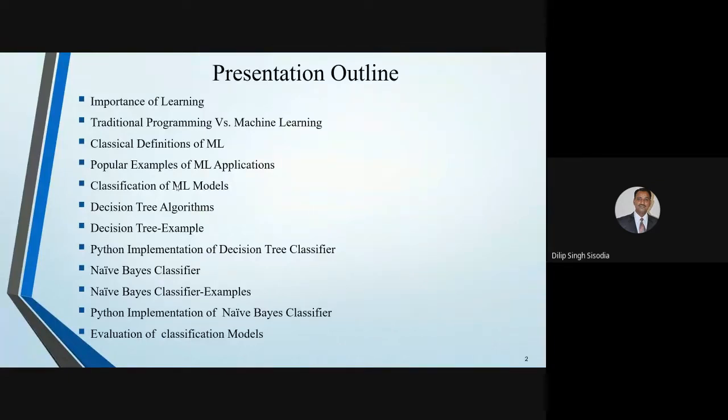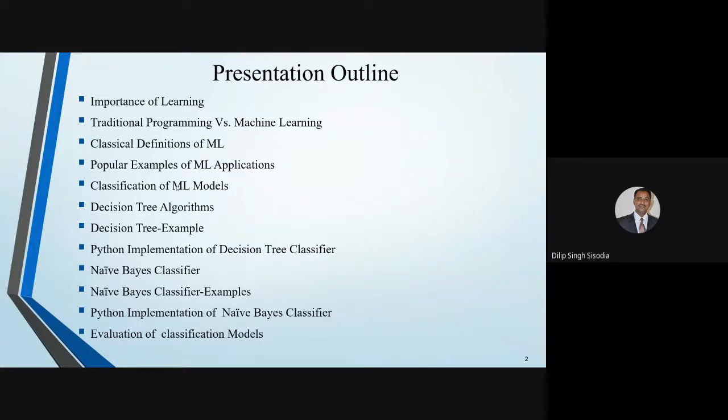Okay, so this is the outline of my presentation. Importance of learning, traditional programming versus machine learning, some classical definitions of machine learning, some popular examples around us of machine learning, classification of machine learning models, and we will try to cover at least one algorithm, either decision tree algorithm or naive Bayes algorithm.